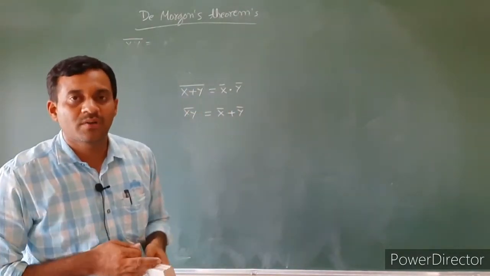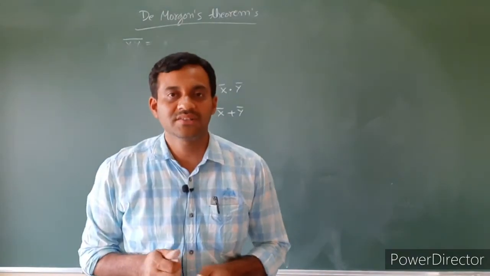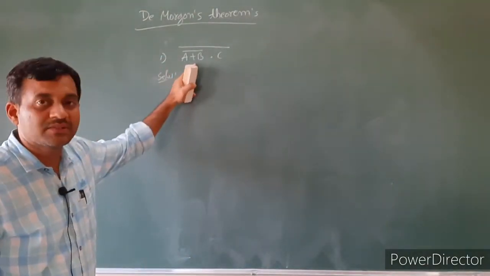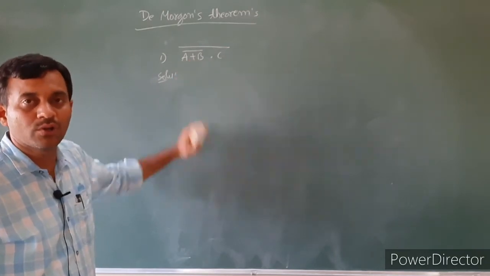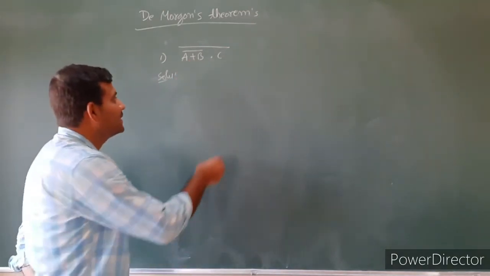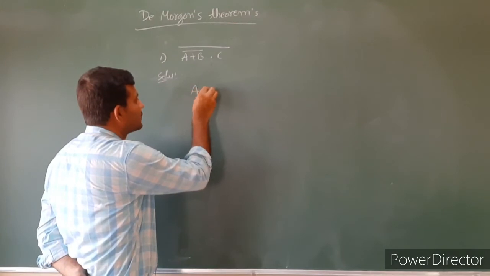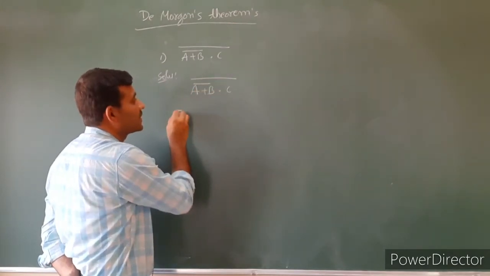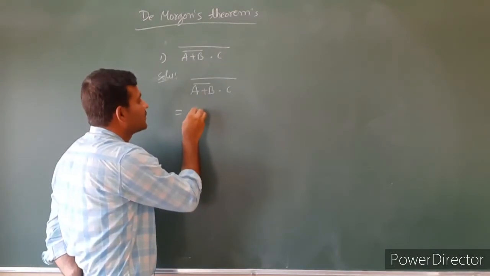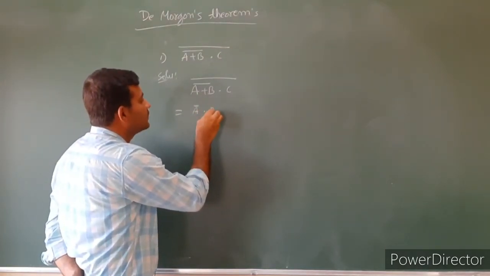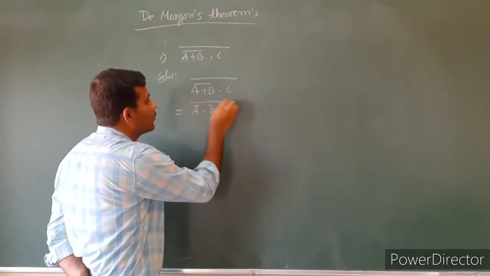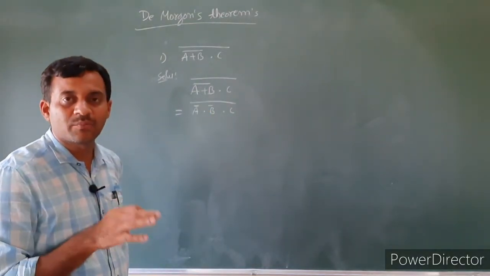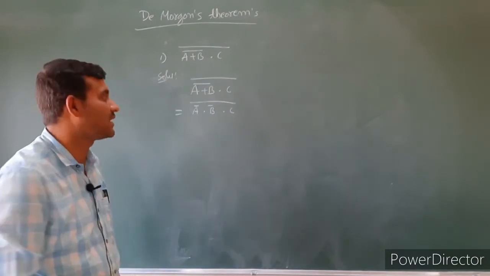Let's discuss some problems related to De Morgan's theorem. Consider the example a plus b bar into c whole bar. There are two bars, and the inner bars are evaluated first. So it becomes a bar into b bar into c whole bar. First split the inner bar, which automatically changes the sign.